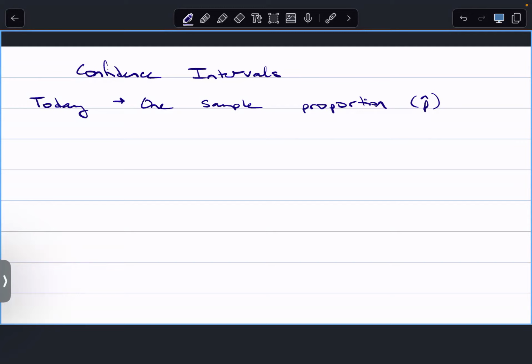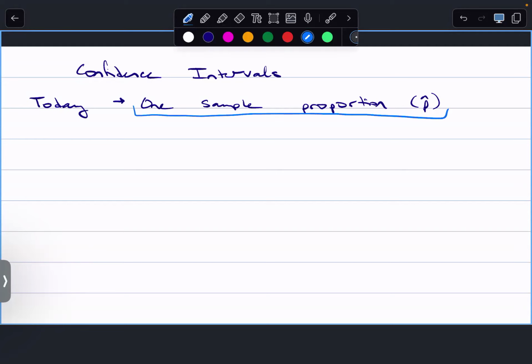Later, we'll expand this to any statistic, right? So this is a statistic or a point estimate. So we'll extend it to any point estimate. So that's kind of cool.